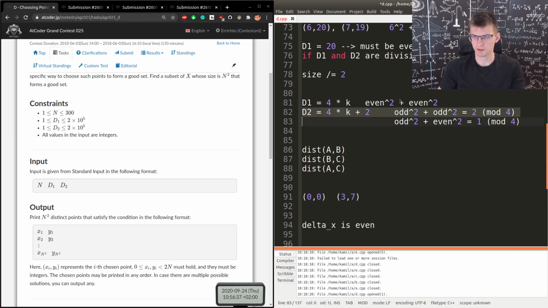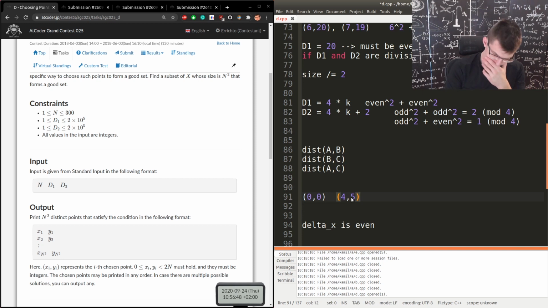What if I have those two forbidden? Now I want to take here even, odd. Wait.